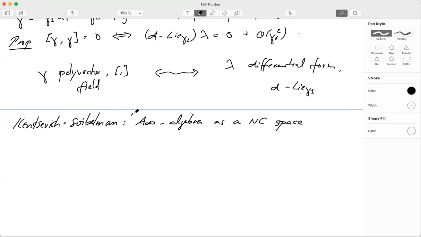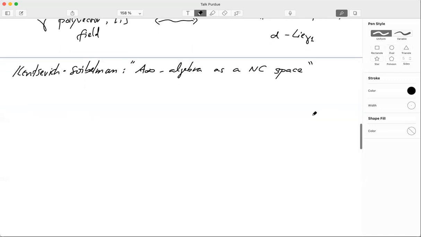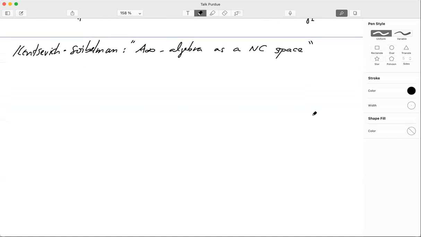Maybe put in quotation marks because this has to be interpreted in some way. If you have a commutative space, you can think about the algebra of functions on it. And this says, let's just toss out the commutative space and think about the more general structure, this A infinity algebra, instead as a replacement for a non-commutative space.